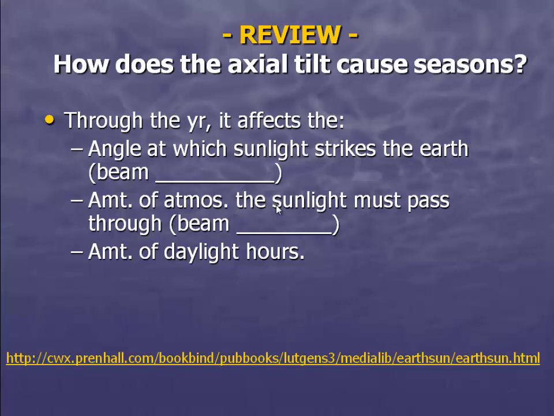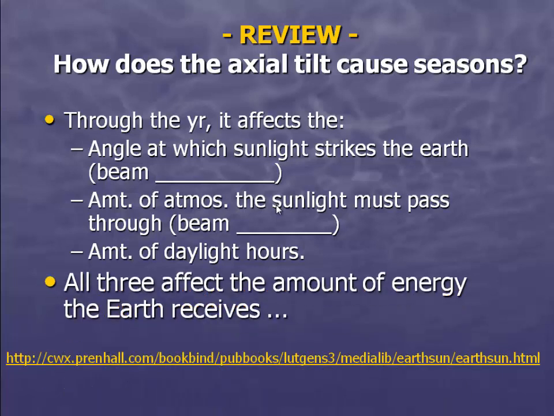So even though they're experiencing 24 hours of sunlight, the sun is always at a very low solar angle, maybe 10 to 15 degrees off the horizon, and that energy is being spread over a very large area. So even though they have 24-hour days in those areas, it doesn't really ever get that warm because of this idea of beam spreading and beam depletion. Okay? So all three of these together impact the amount of energy the Earth receives at any given time of the year.